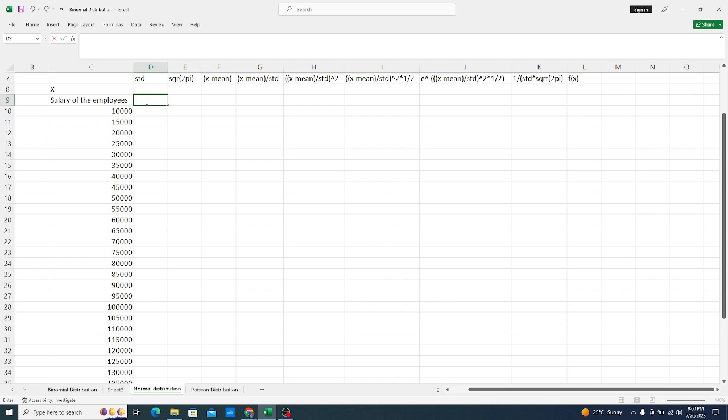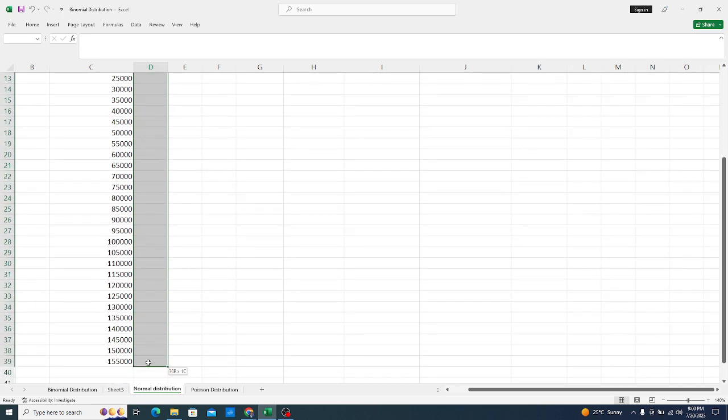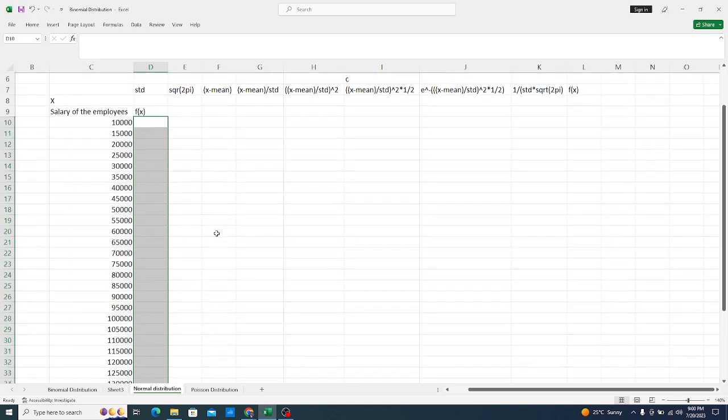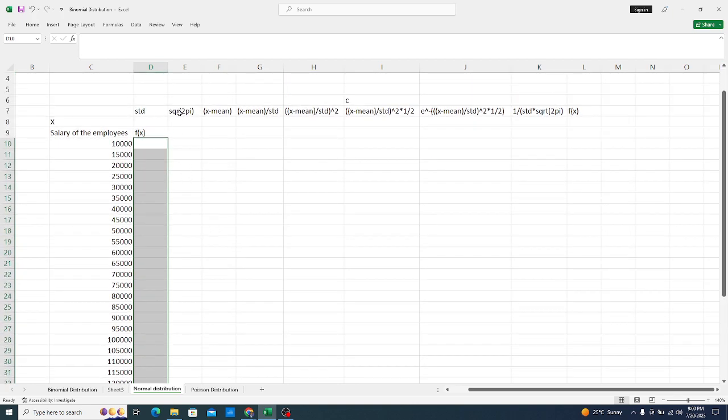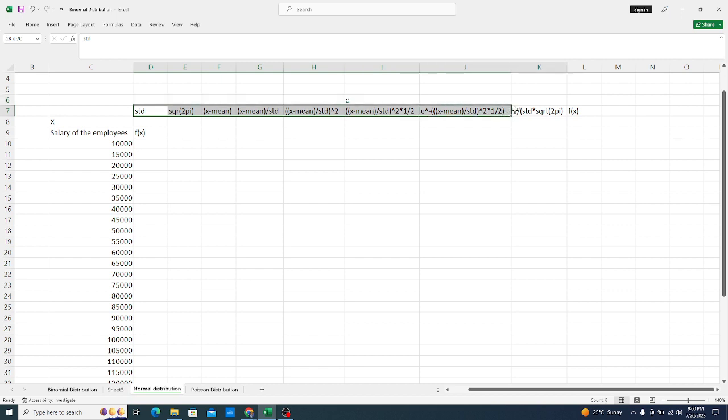So our function of x will now use the Excel inbuilt function. For your case, you can as well try this mathematical method to calculate and see whatever you get here.